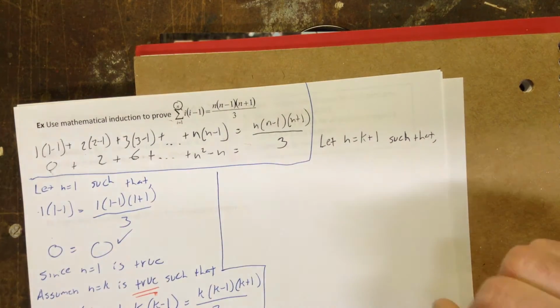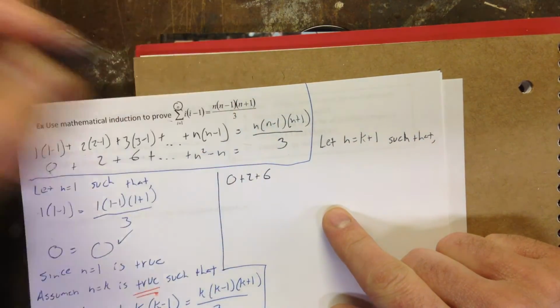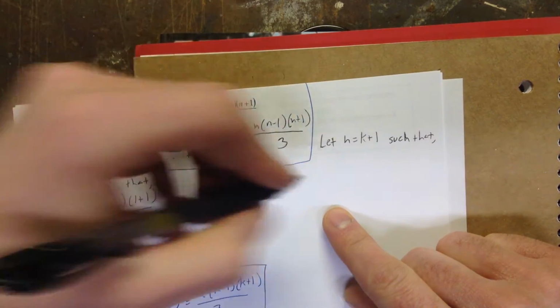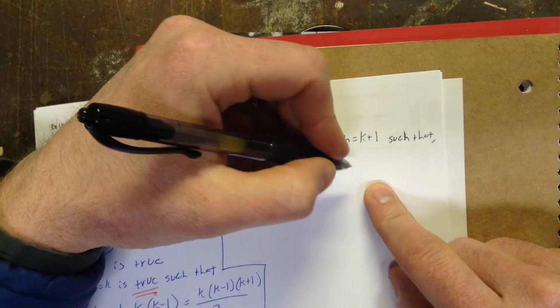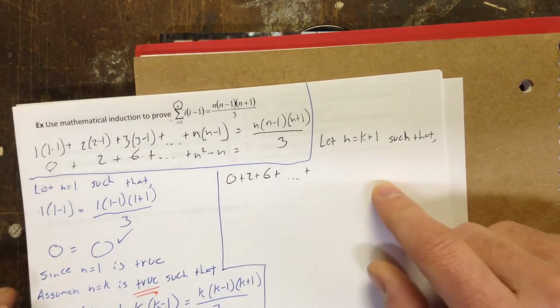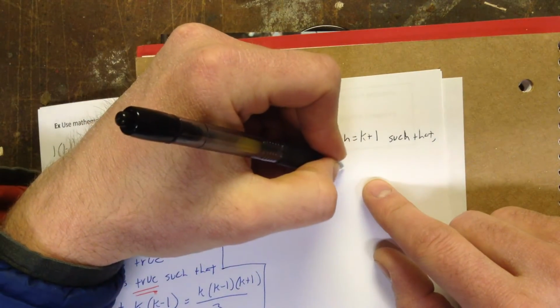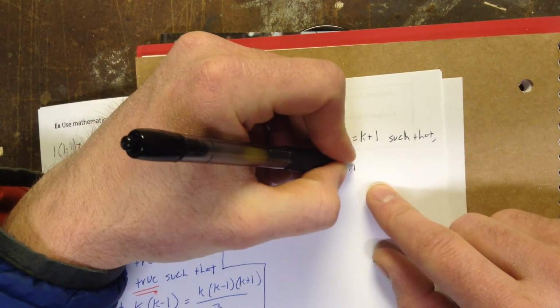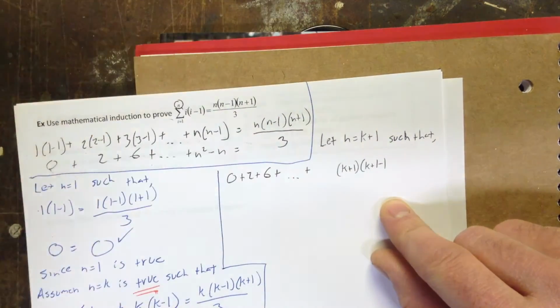So our such that. Let's set up our k plus 1 case. We're going to start off with our first couple terms, which is our 0 plus 2 plus 6 plus ... And now in this one, I'm going to leave that gap that I was talking about last time, and I'm going to go all the way up to k plus 1. Last time it was k times k minus 1. Now it's going to be k plus 1 times k plus 1 minus 1.